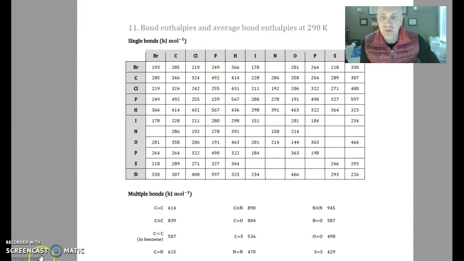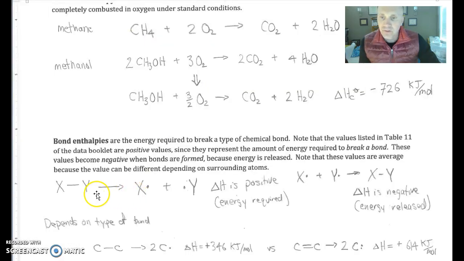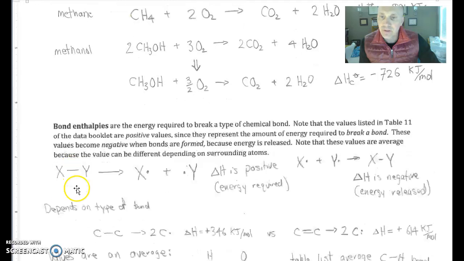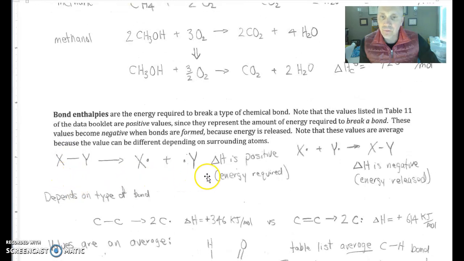Again, in general, this is what that data table represents. If we had a bond, and we're going to say, let's break that. Whenever you break chemical bonds, that requires that energy is put into the system. It would require energy to break this bond.